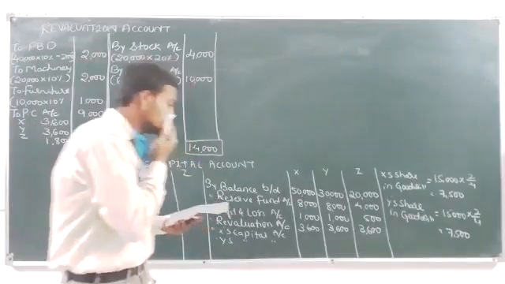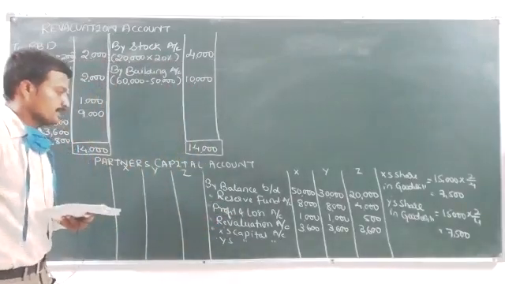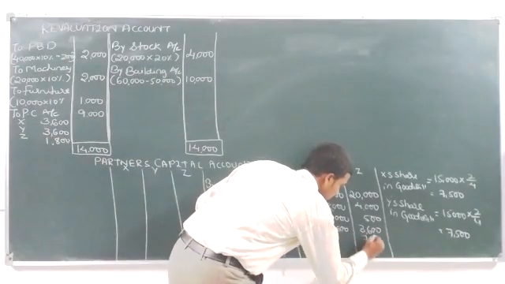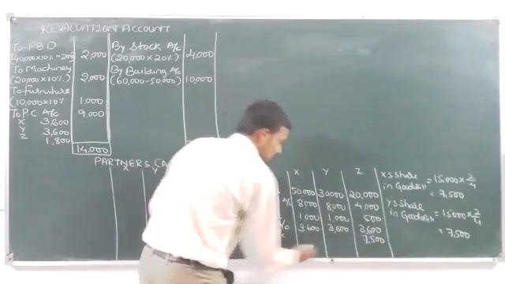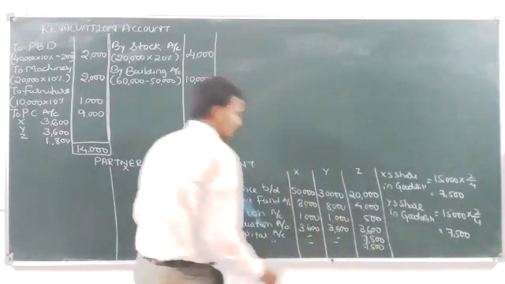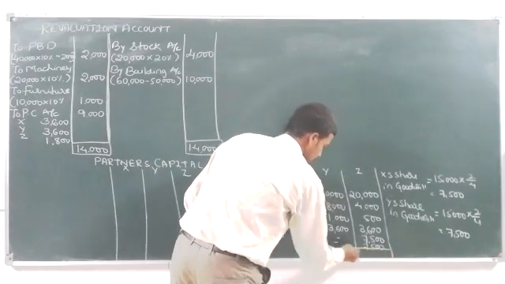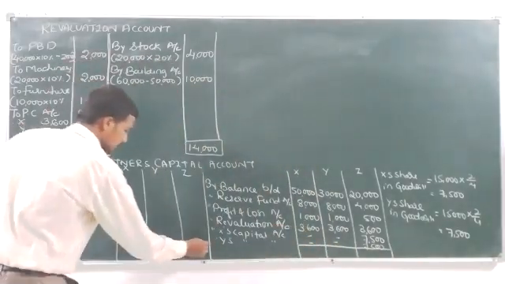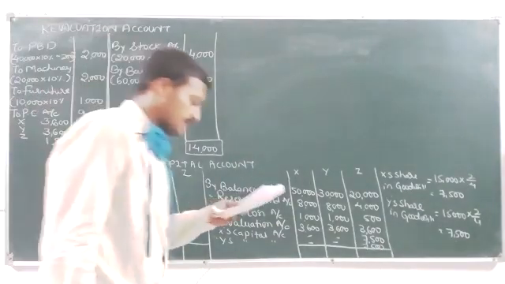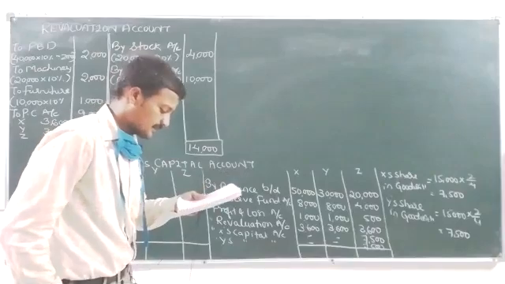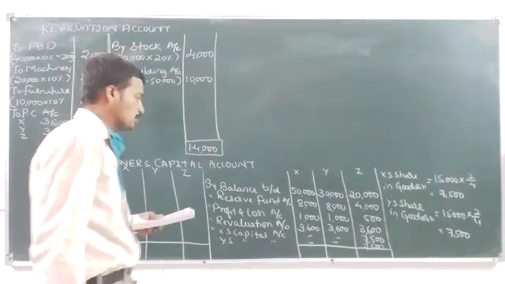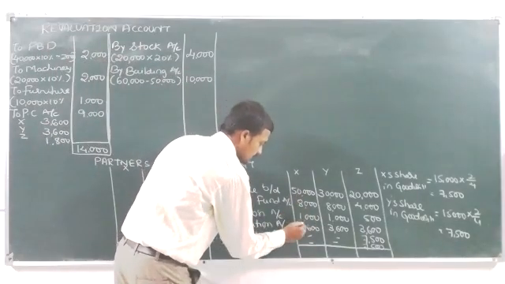7,500. So now, first X capital account, but in Z column 7,500, and Y's capital account, and even in Z's column it will be 7,500. So after all this calculation, the next is we need to balance and first take the total and balance. 58, 59.